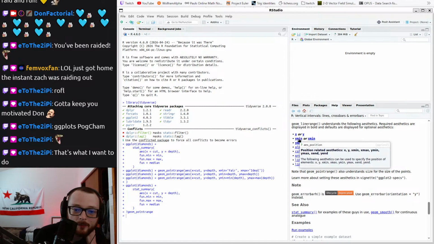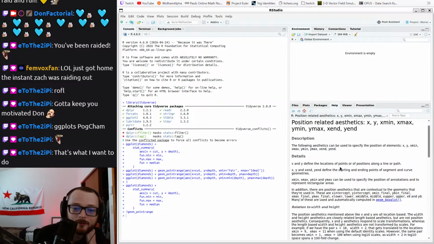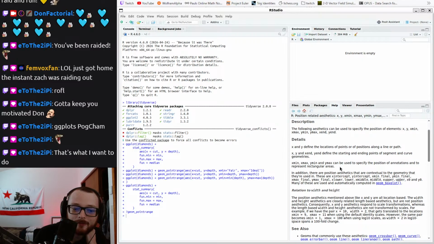Yeah, I guess let's click on y min. Position of annotations and to represent rectangular areas. That doesn't help me at all.